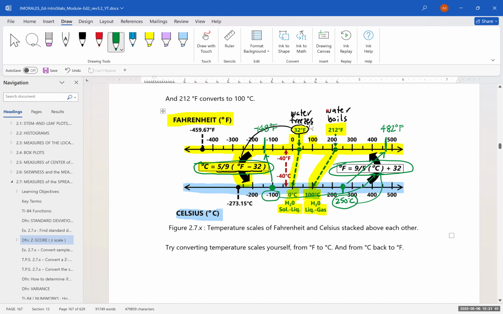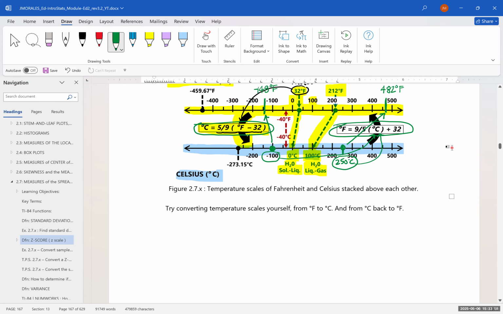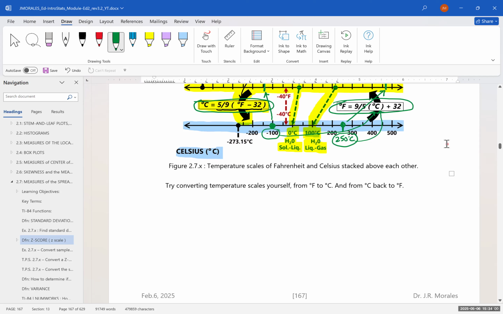If you've taken chemistry or physics or a natural science class, you may have seen something like this. But something that might be a little more recognizable would be converting between inches and centimeters.